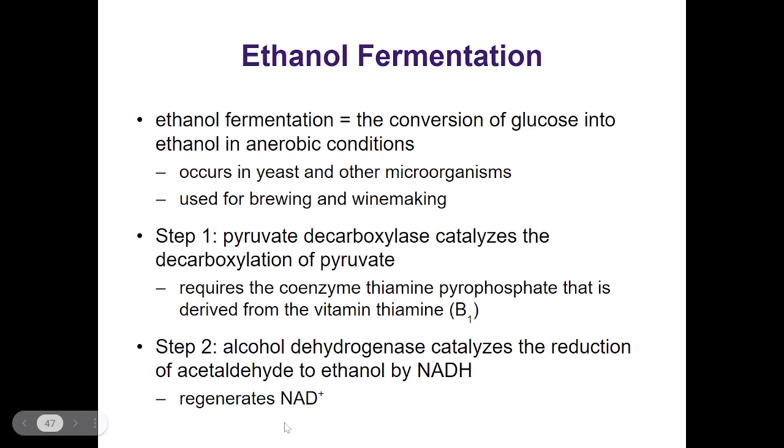Do note that this step is actually very important. I know I talked about it as if it was a bad thing, but it's a bad thing from energetics. It's a very good thing for being able to continue glycolysis, okay? Because we don't want to have to make a new NAD plus every time, right? And so this is what's giving us back our NAD plus to feed back into glycolysis and continue that reaction pathway while we're doing the rest of this, okay?